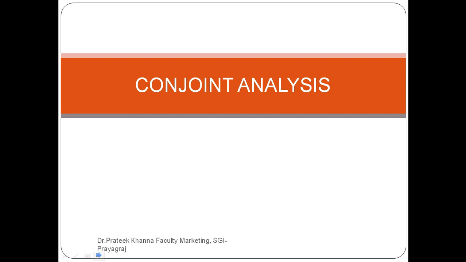what do you mean by conjoint analysis in simple words. What do you mean by conjoint analysis? Simply, conjoint analysis is a statistical method used to determine how customers value the various features that make up an individual product or service.